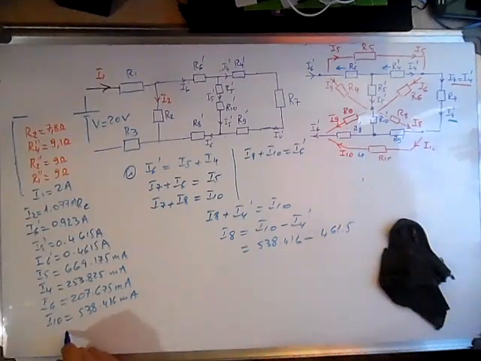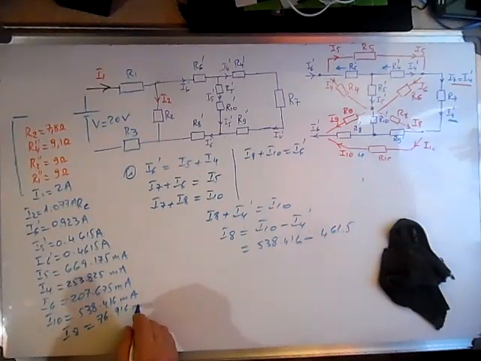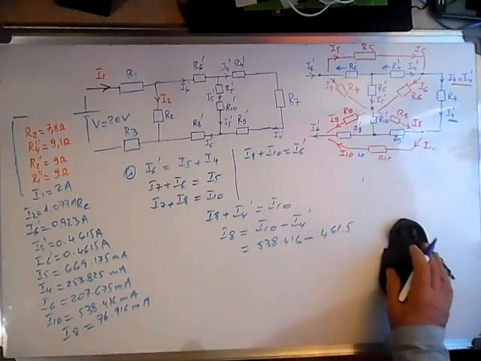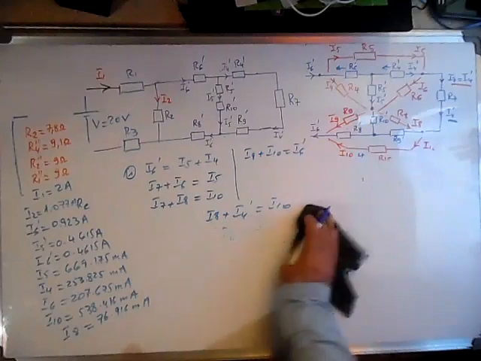So I8 is equal to the difference, and let's write it down. 538.416 minus 461.5. This will give us 76.916 milliamp.